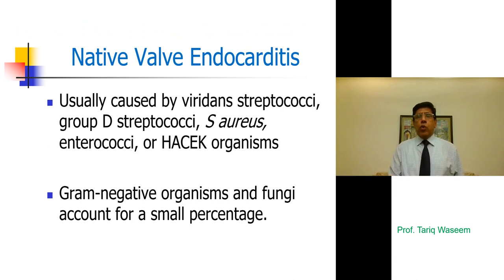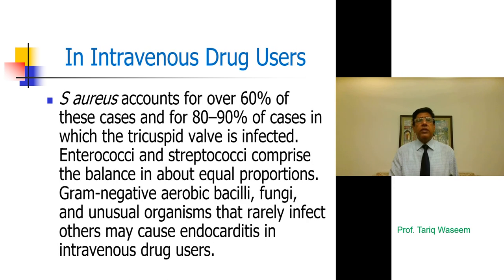When your natural own valves develop endocarditis, it is mostly because of streptococci, Staphylococcus aureus, or enterococci. Gram-negative organisms and fungi account for a very small percentage of endocarditis-causing organisms. But in IV drug abusers, the scenario is different.